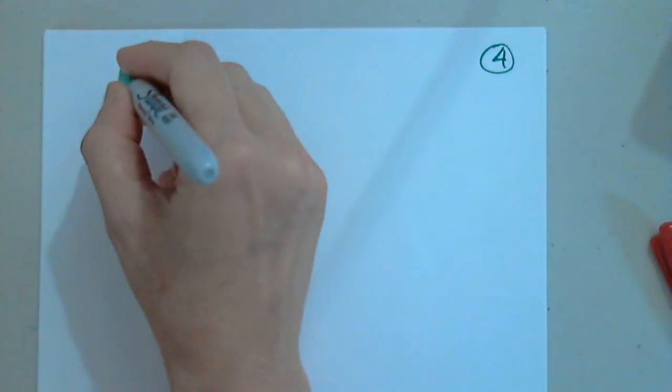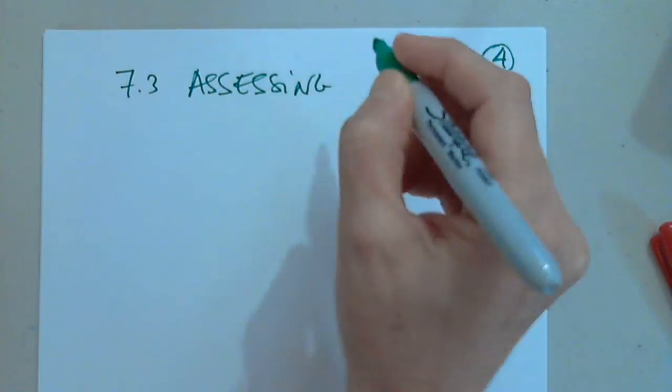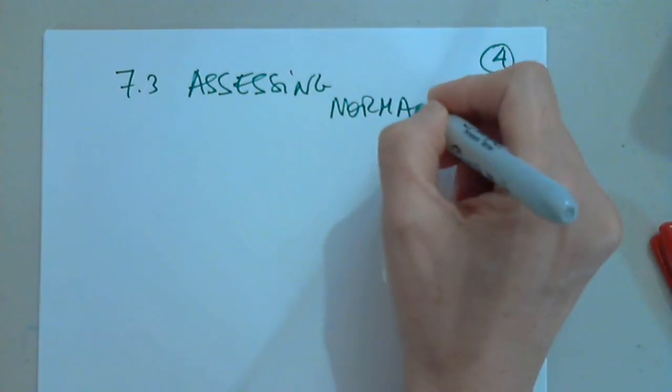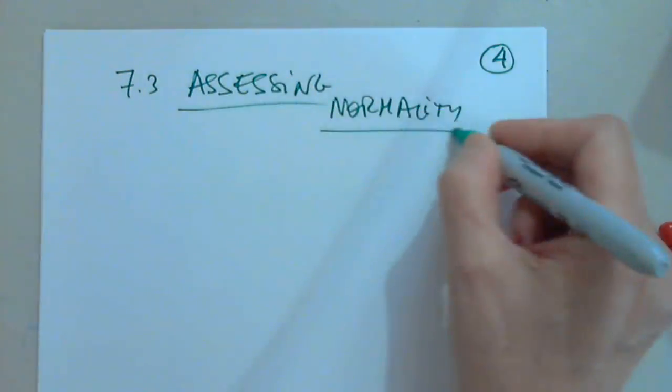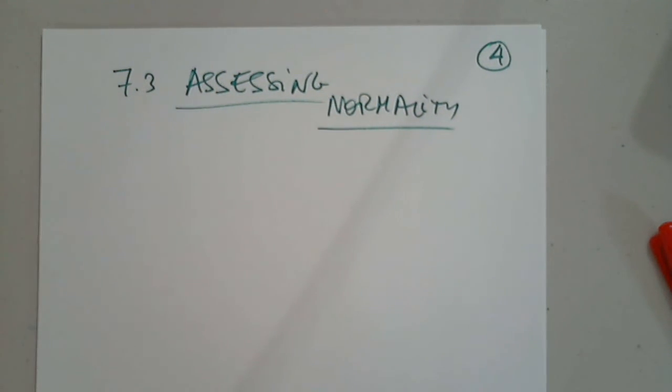Very good. So this is 7.3, assessing normality. So we go on a path. This is a life habit. We embark on a path, and we should always ask, am I on the right path? Maybe I can do better, right? Maybe ask some people. The same thing with assessing normality.